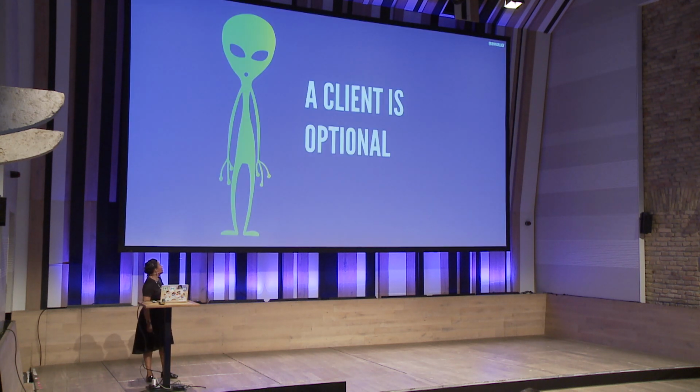Cool. The next thing is a client is optional. So even though I used Apollo Android for my sample application, GraphQL, once again, is just a specification, and it's just simple HTTP requests. So if for some reason the client is getting in your way, then just don't use it. One example is inside of our application, we were using an ORM.